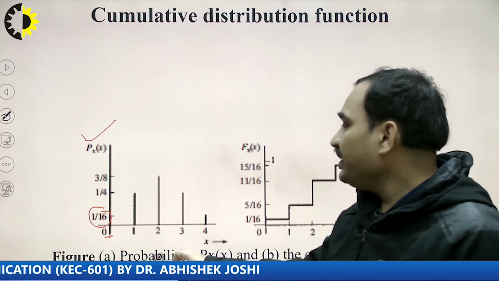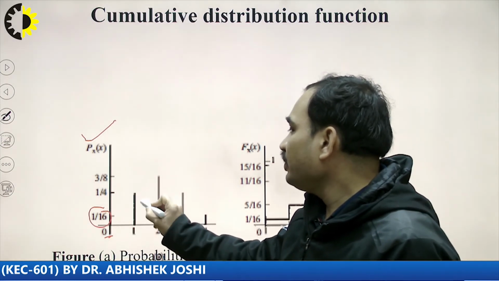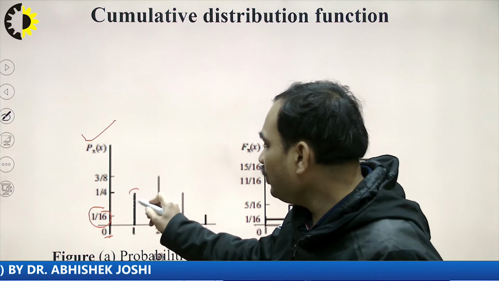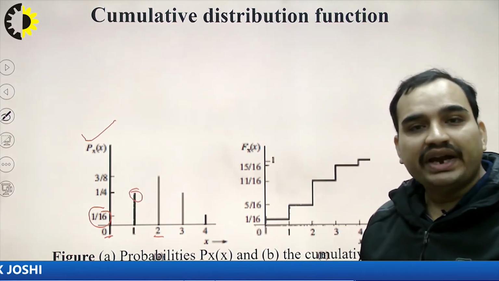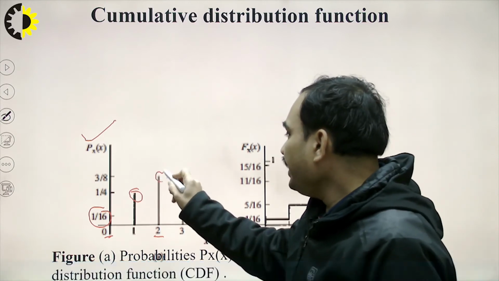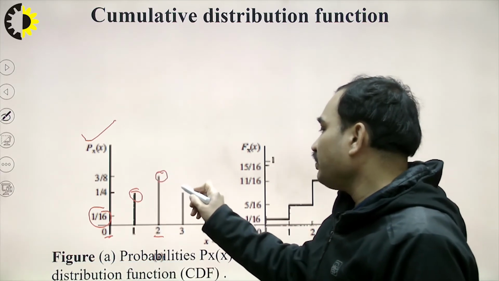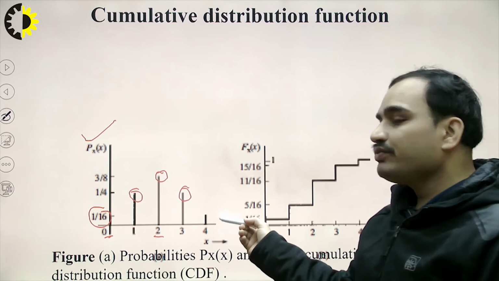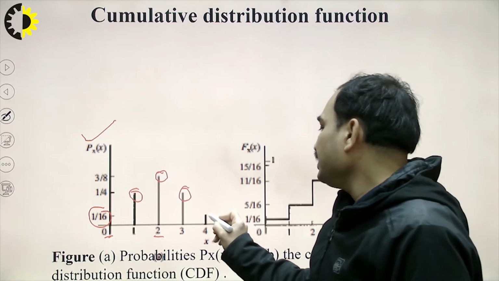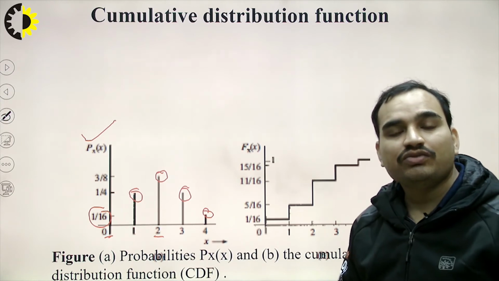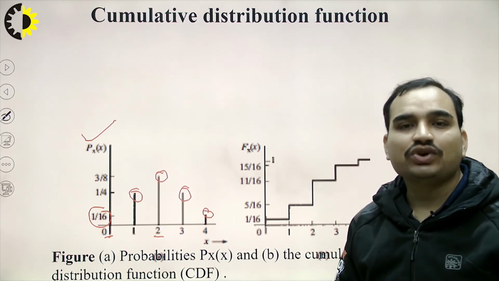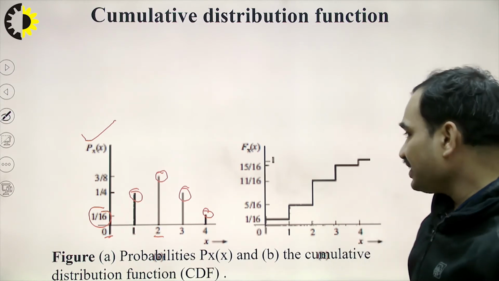When x equals 1, it is 1 by 4. Then the probability at 2 is 3 by 8, at 3 it is 1 by 4, and at 4 we have 1 by 16. So, these are the discrete points for the experiment of tossing a coin 4 times, which we are discussing.